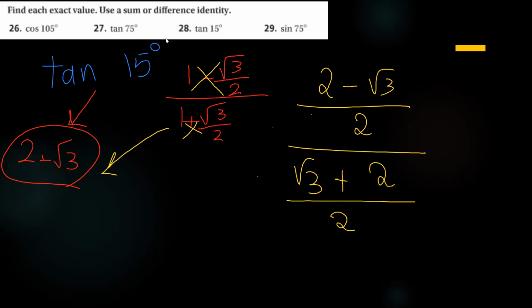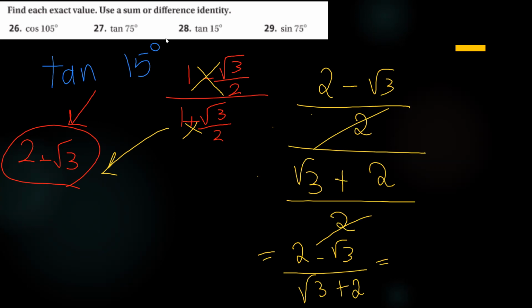Two plus square root of 3 over 2, okay. Then 3 plus 2. I want now to simplify it here.